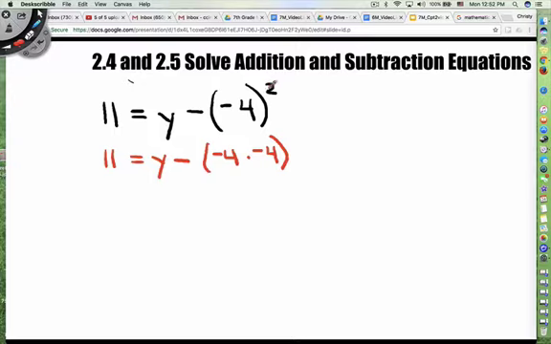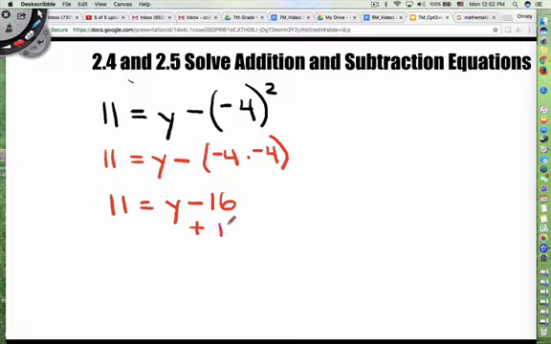That's what that squared is saying. It's saying multiply this by itself. So 11 equals y subtract a negative 4 times a negative 4 is a positive 16. And so then we get 11 equals y minus 16.